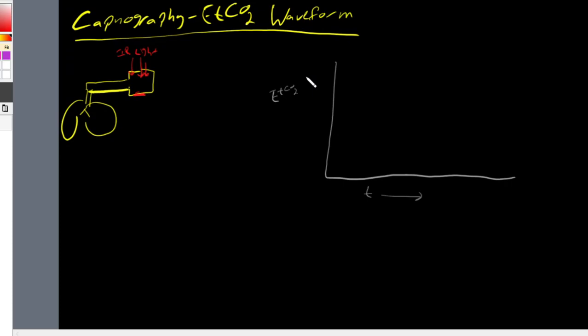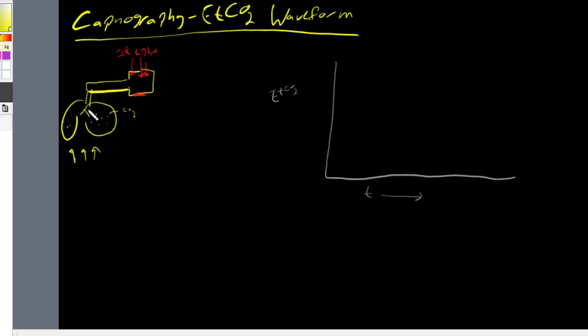So let's begin by illustrating what this graph or this waveform will look like during the very first stage of expiration. As we begin to expire, right at the beginning of expiration, most of this carbon dioxide, which is represented by these dots, CO2, does not really get to this device or to this chamber here.